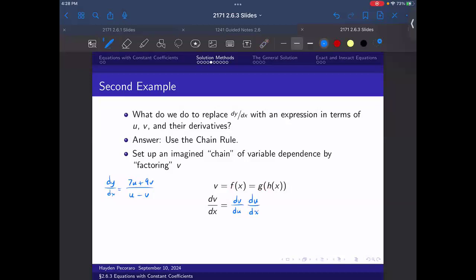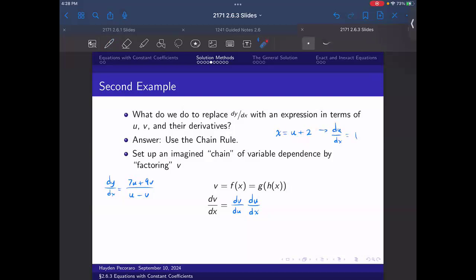And I claim this is enough because we have that u equals x plus 2, which means that du dx is 1. You differentiate both sides, the constant term goes away, and it leaves you with a 1.